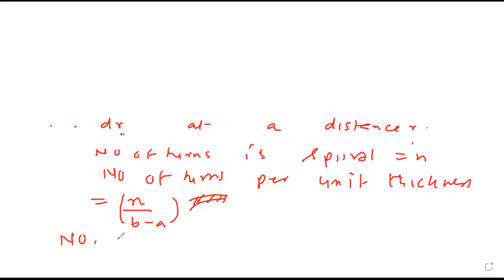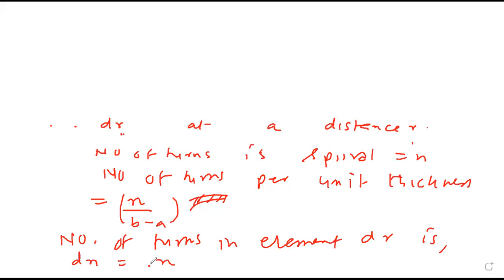So number of turns in element dr is suppose denoted as dn will be n upon b minus a into dr. So this much we got number of turns present in thickness dr, which is at distance r.